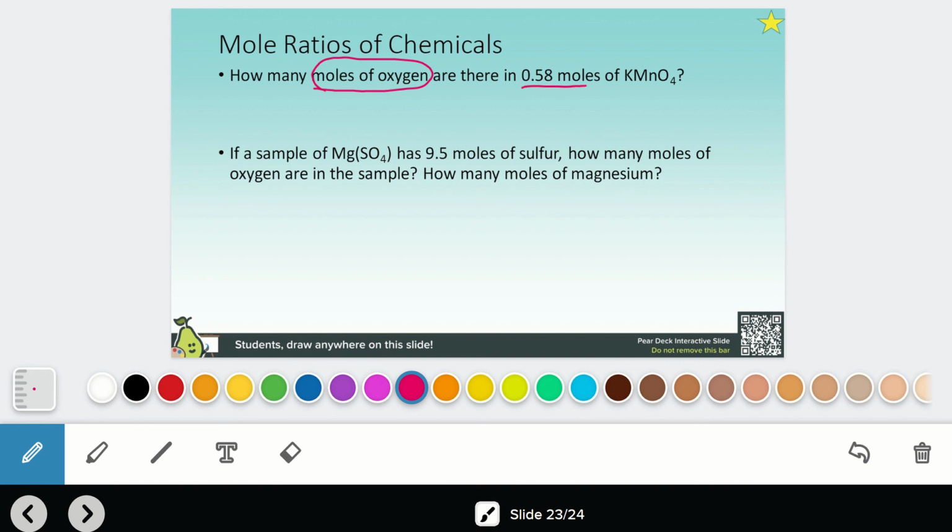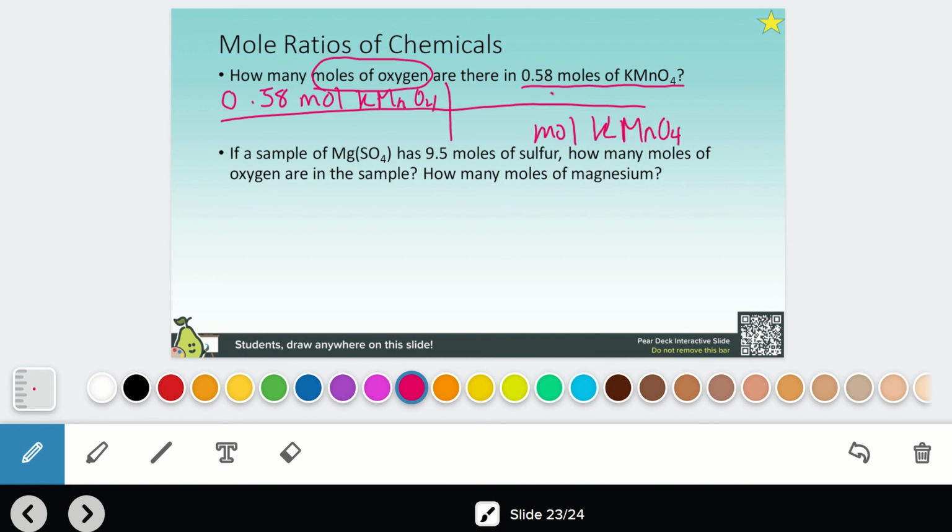It gives us moles of potassium permanganate. Write down our given amount. Ooh, getting messy looking. All right, we're going to bring down our unit, moles of KMnO4.